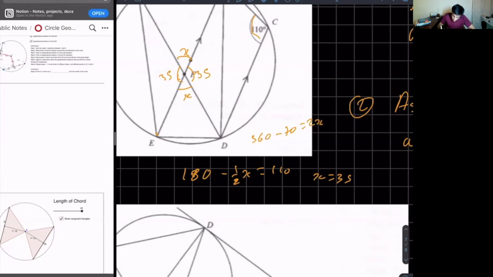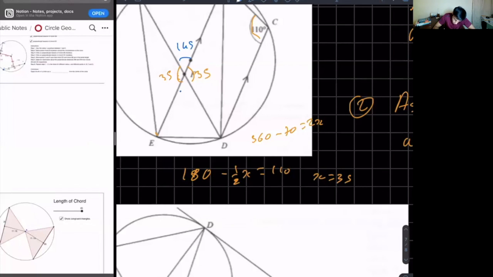But the point is, you keep assuming something as x, and then solve for it, right? So let's say, what is this equal to? 360 minus 70, that is 290, divided by 2, 145.